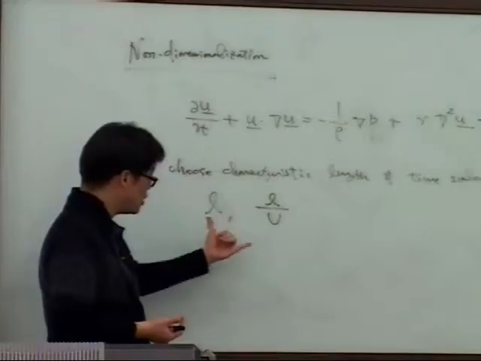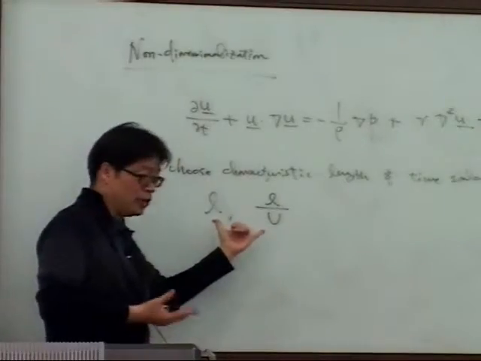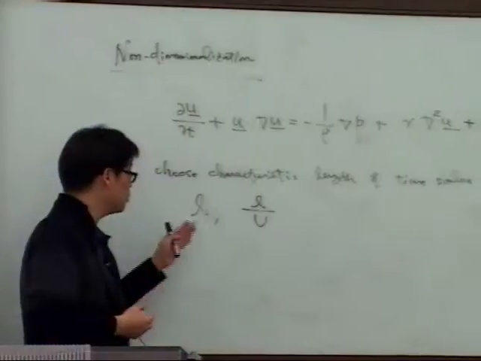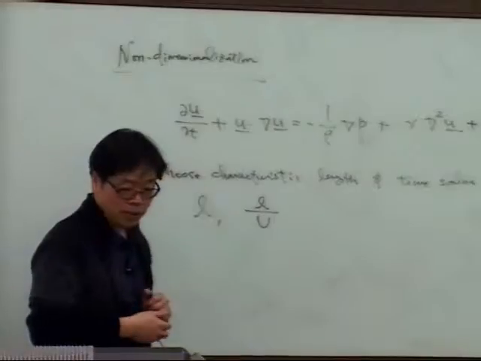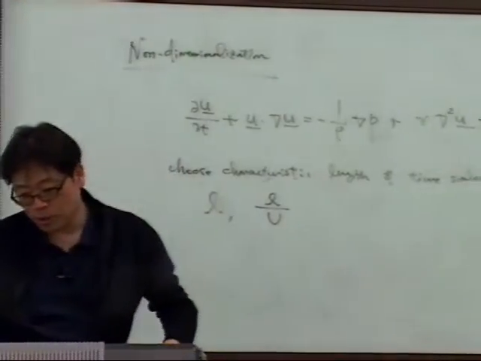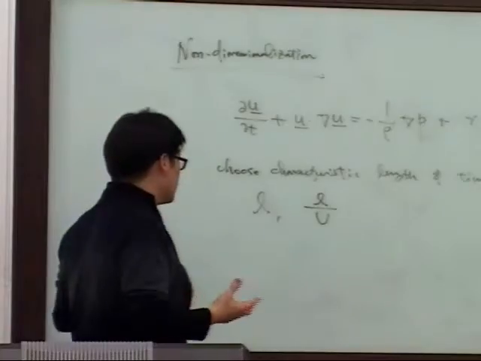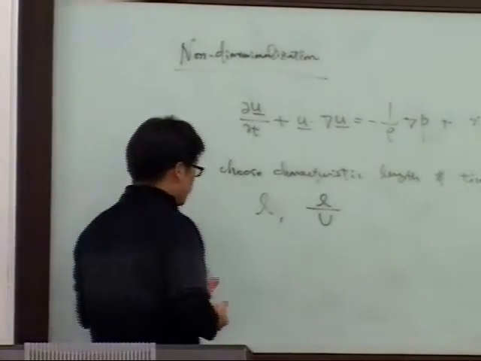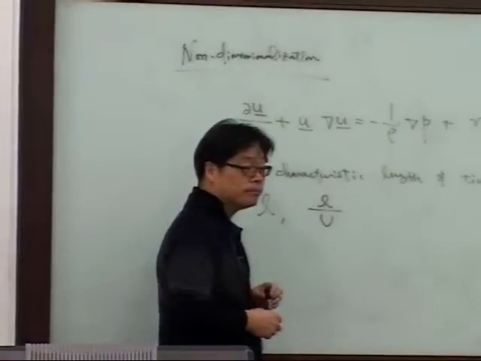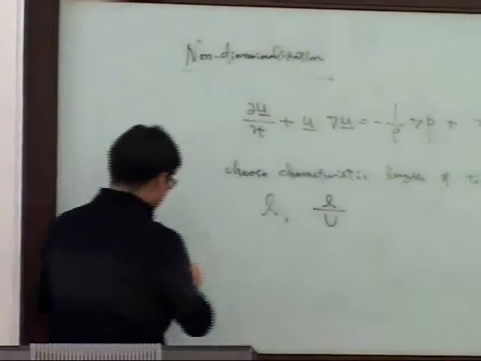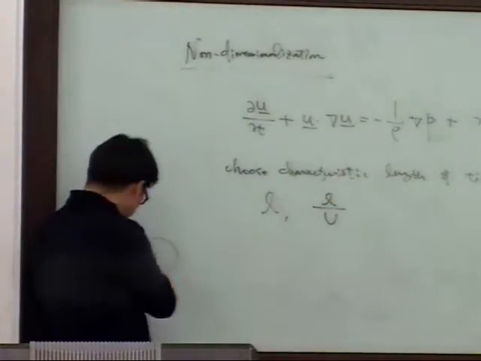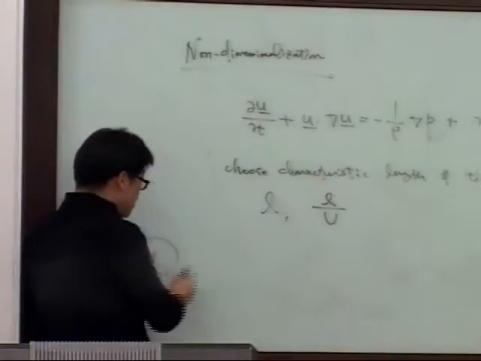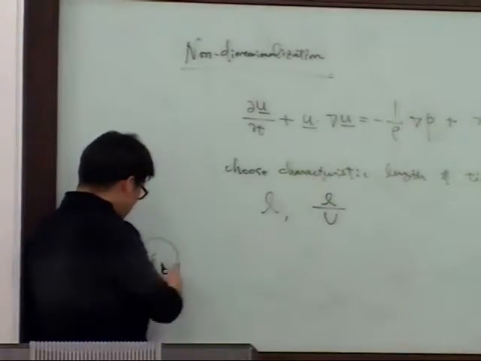Once again, these choices are not unique. You can choose different variables to make the characteristic length and characteristic time. But for the problem that we discussed last time, it is almost obvious what you have to choose. You can think of this characteristic time, L over U, as typically the time it takes a fluid particle to go from here to here.